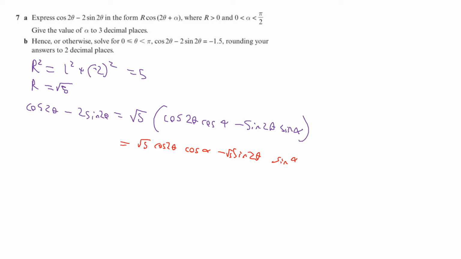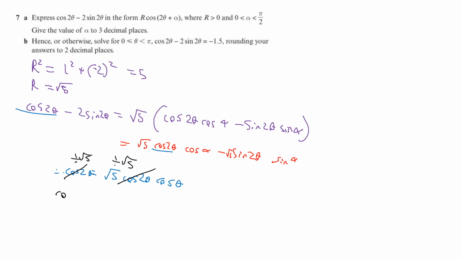Beautiful. Now what we need to do is compare the coefficients. So we have a cos 2 theta here, we have a cos 2 theta here, so therefore cos 2 theta is going to be root 5 cos 2 theta cos alpha.